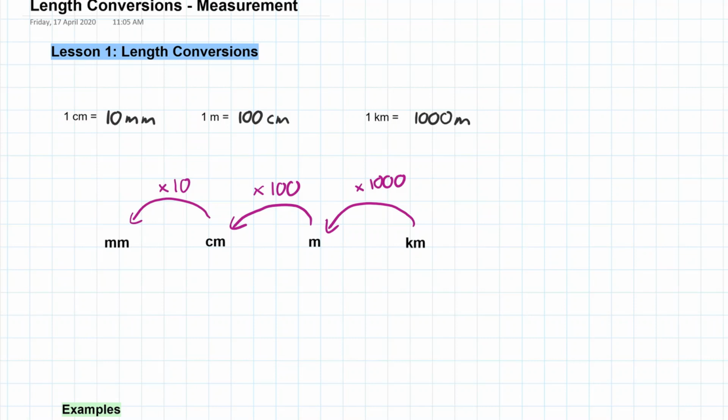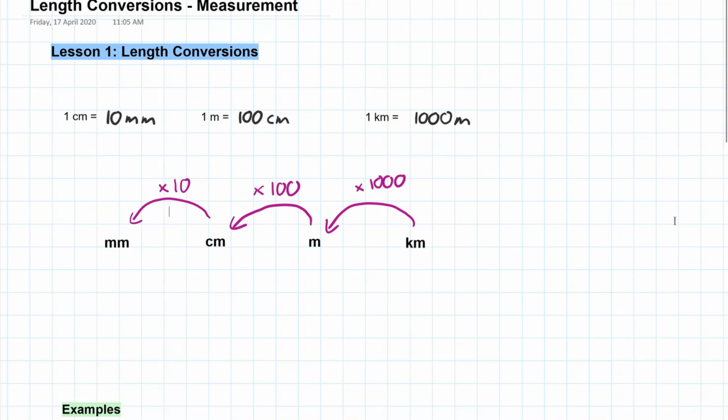Cool, so that's our guide for going from kilometers all the way down to millimeters. If I gave you 2 kilometers to get to millimeters, you would just need to do 2 times 1,000 times 100 times 10, and you get a really big number, and it'd be your answer.